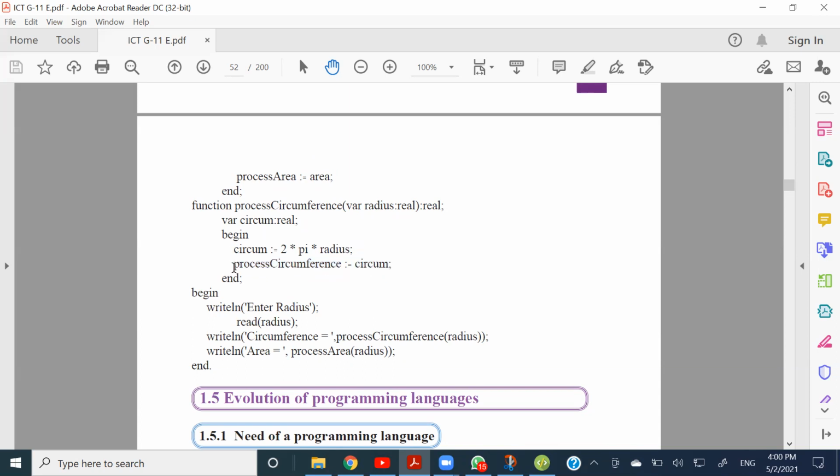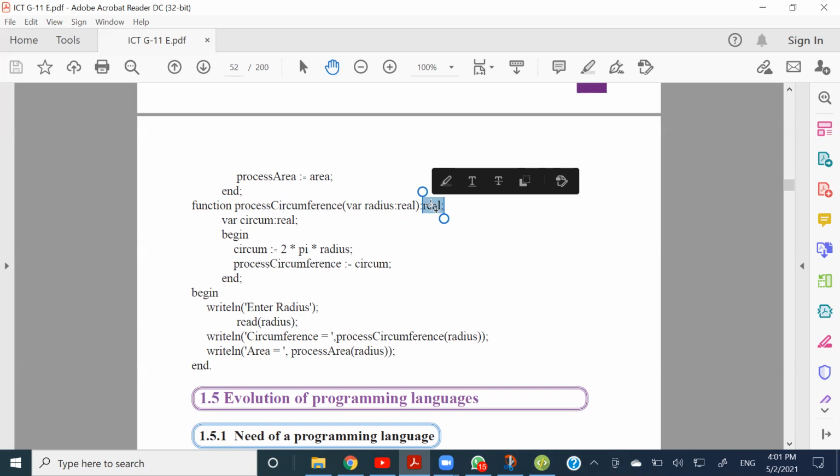So same way, process circumference is the name of the function, right? So it is assigned with what is to be returned. So circum is going to return in real data type, right? So that is what is going to happen when the function executes.